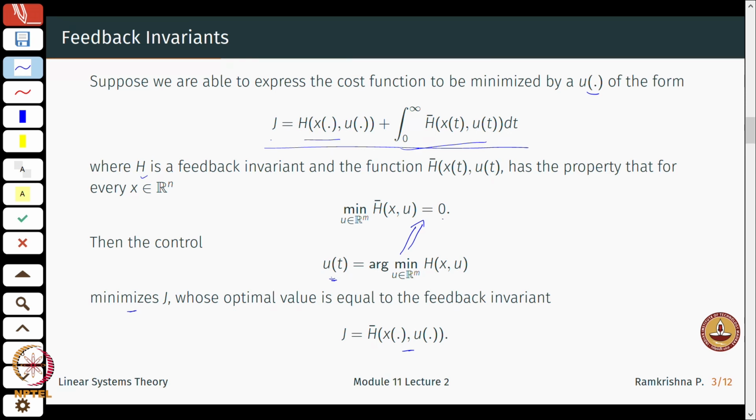In that case, the control u of t, which is the argmin, the u that minimizes this to 0, also minimizes J, whose optimal value is equal to the feedback invariant. We will revisit this statement once we derive what this means here.